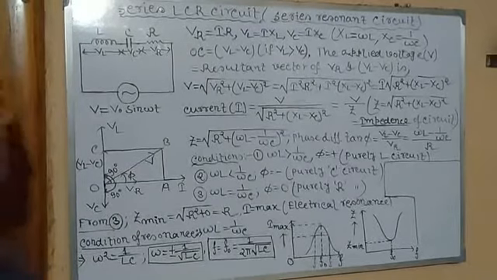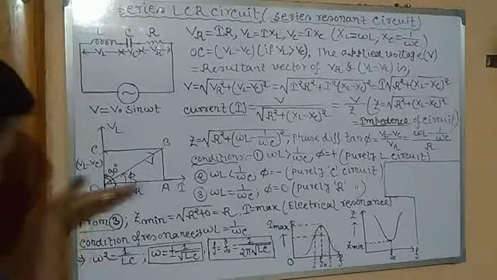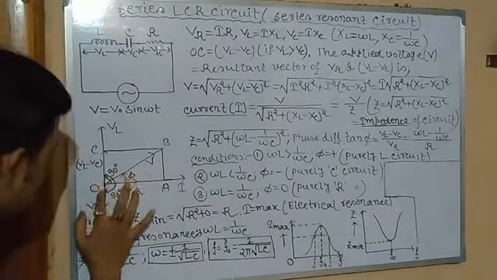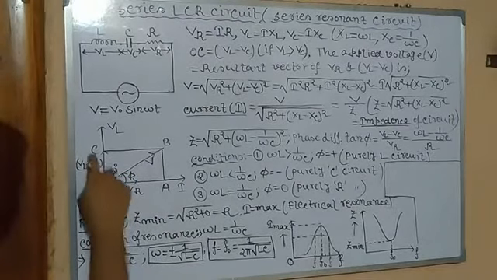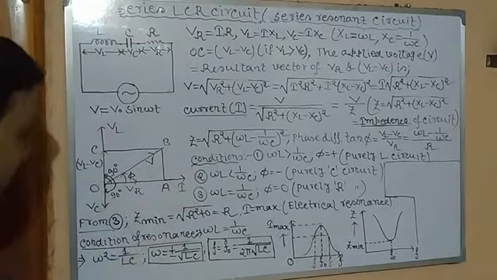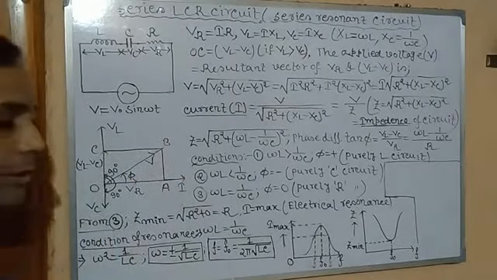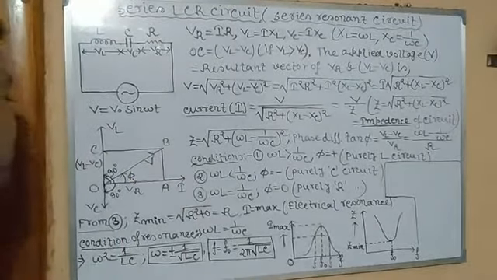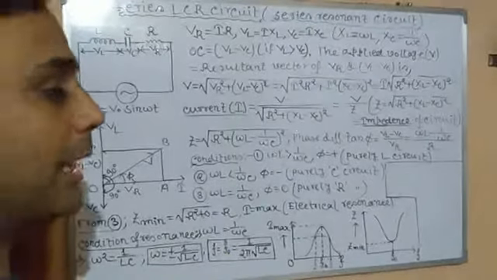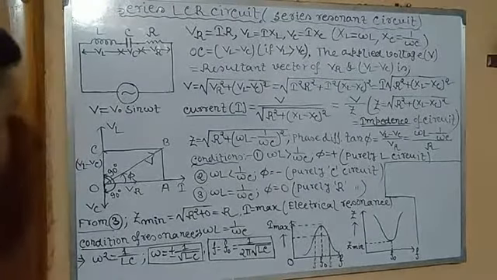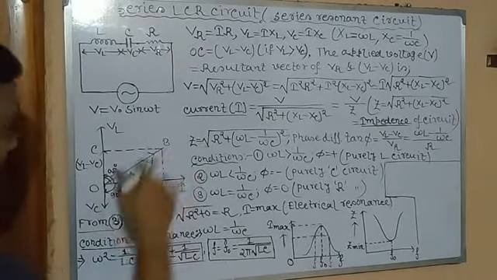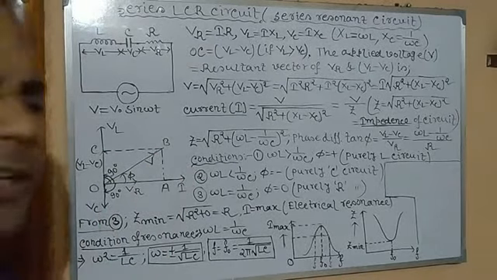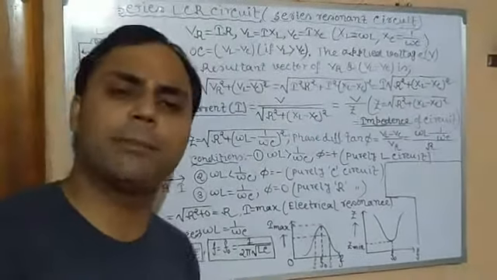Now we can see this is VR, this is VL minus VC. Both represent two sides. Now if we complete a parallelogram, then according to the parallelogram law of vector addition, the diagonal will represent the resultant voltage. You have already learned this in the chapter on scalars and vectors.